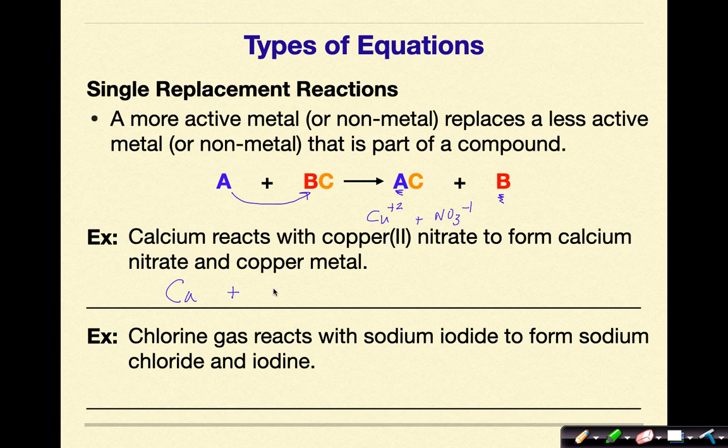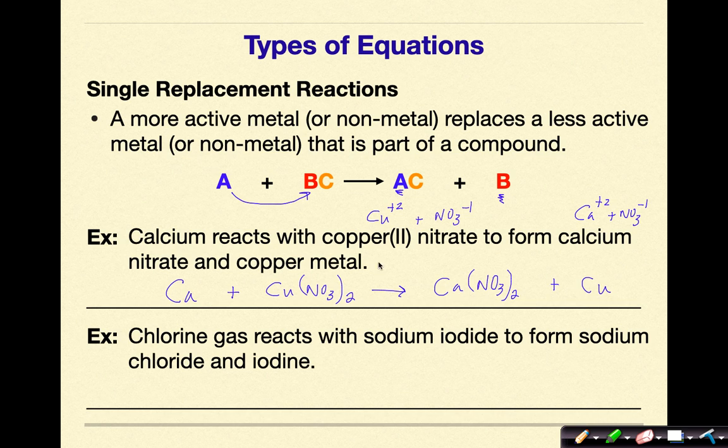So that formula will be Cu(NO3)2, to form, arrow, calcium nitrate. That's calcium and nitrate. So that formula will be Ca(NO3)2 and copper metal.